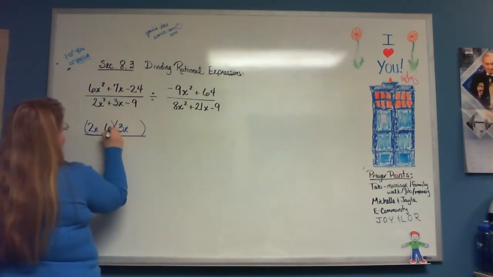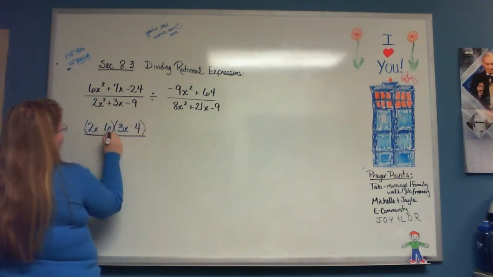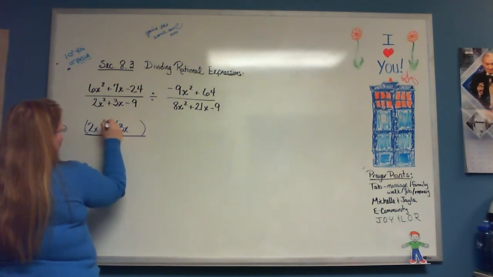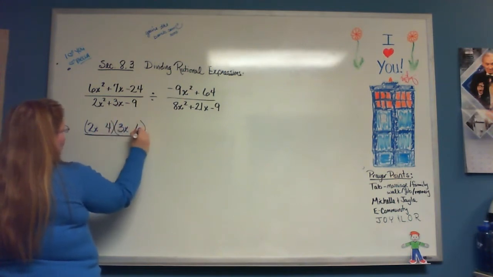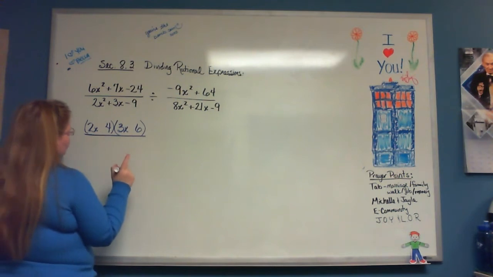I'll put the 6 here and the 4 there. Gives me 8 and 18. That's 10. That won't work. Put the 4 here and the 6 there. 12. Sorry, and 12. That definitely won't work.